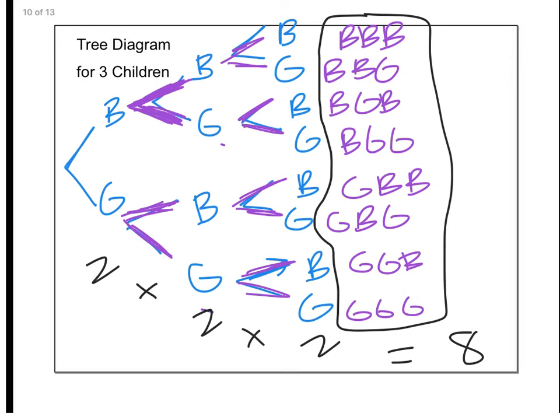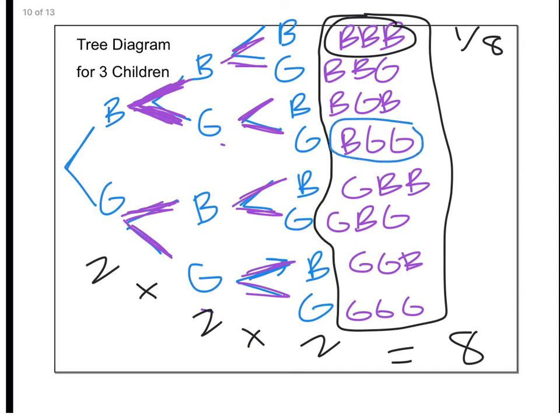So if we go back to our problem here, we had to find the probability of having 3 boys. So we want to look at our possible outcomes in that black box, and then the probability of having 3 boys. Well, there's only 1 out of 8 options. And then our second one was a probability of 2 girls and 1 boy in any order. So I'm looking for 2 girls and 1 boy.